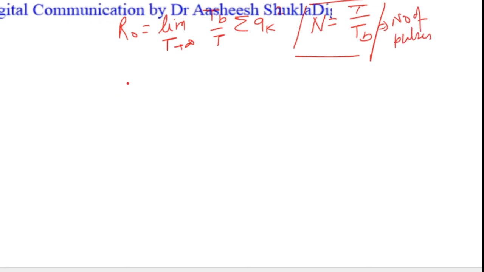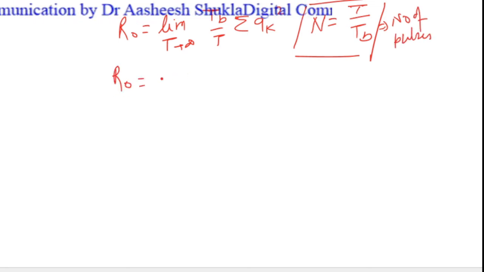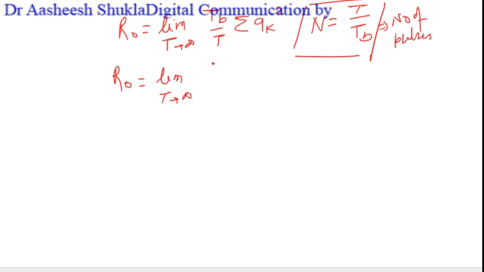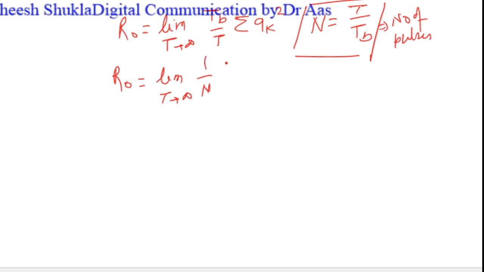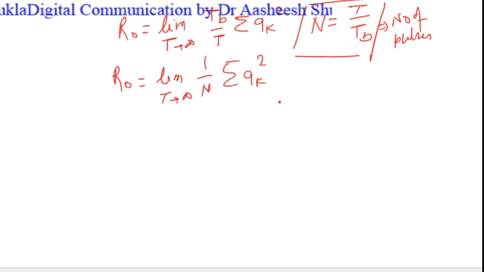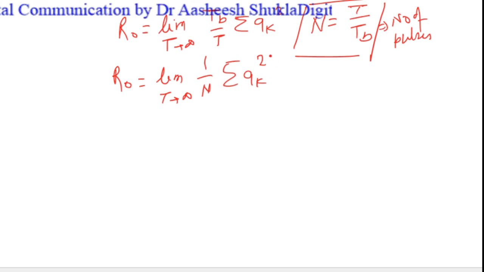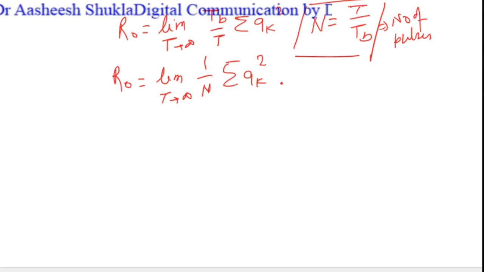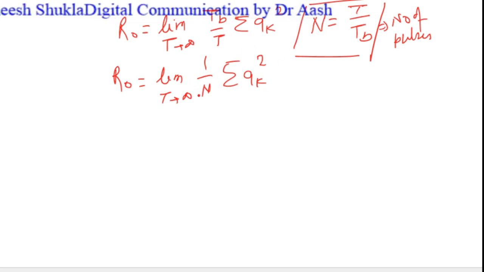So here you can say that R naught can be further written as limit t tending towards infinity 1 upon n summation of ak square. You can see that ak square is basically the strength of the signal, and you are just dividing this whole summation by the number of pulses.